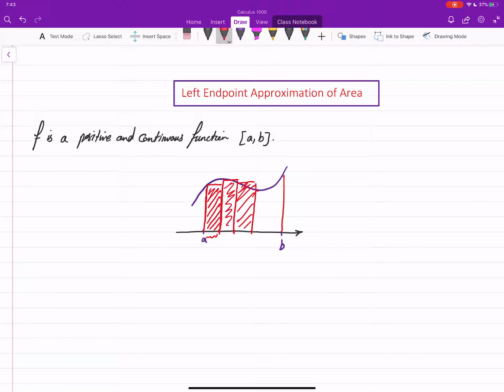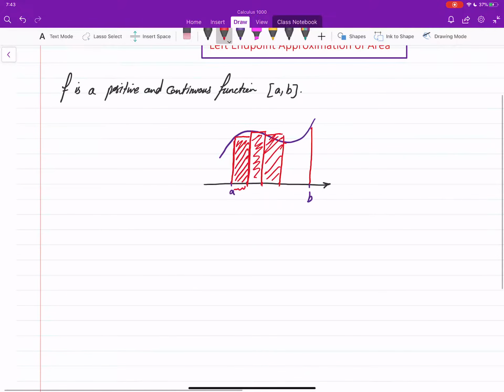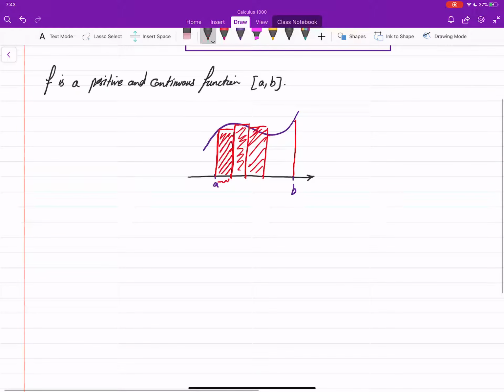Well, the computations are very similar. For example, the length of each subinterval is equal to b minus a, the length of the interval AB, divided by n, the number of equal subintervals.